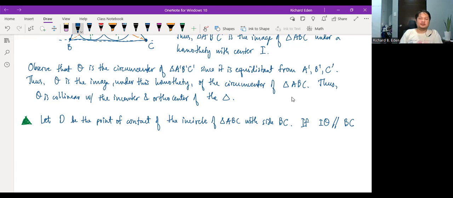So I'll write it for clarity: if IO is parallel to BC, show that AO is parallel to HD. Here, I, O, and H are the incenter, circumcenter, and orthocenter.